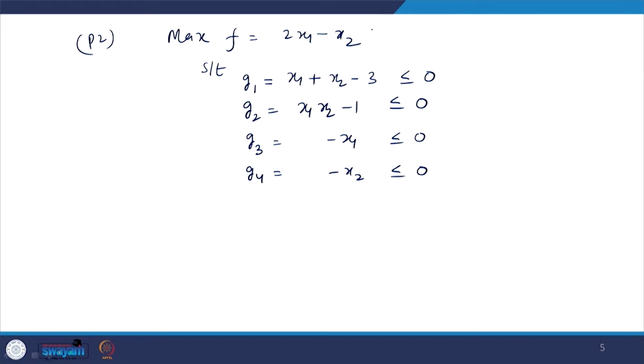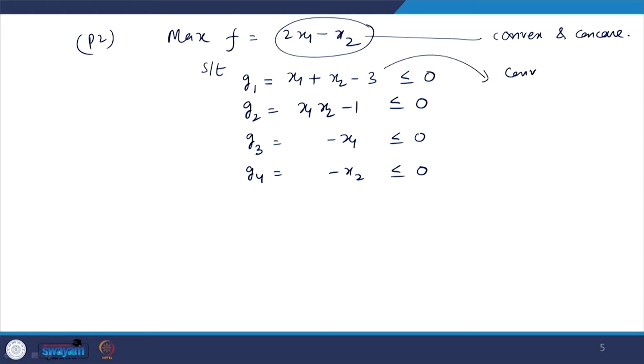So, this is linear, which means convex as well as concave here. This is linear, so it is also convex. This is linear, so convex. G3 is also convex, and G4 is also convex, because they are linear functions.